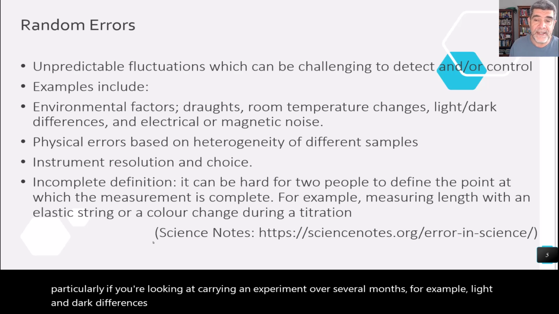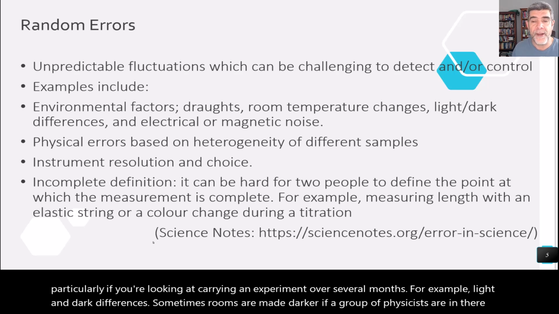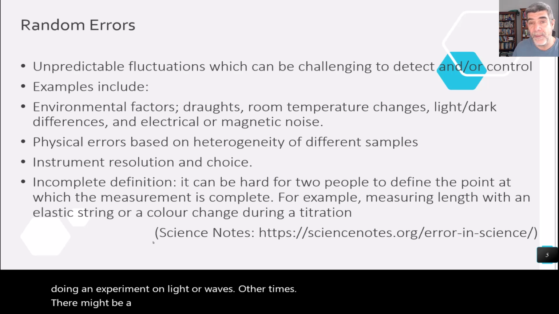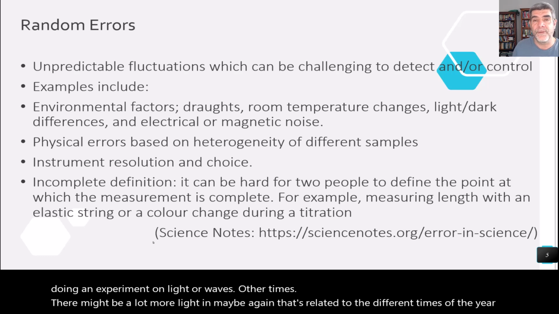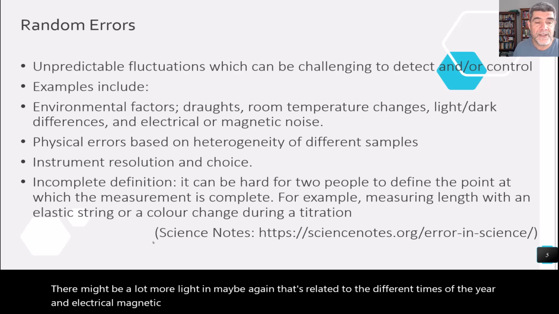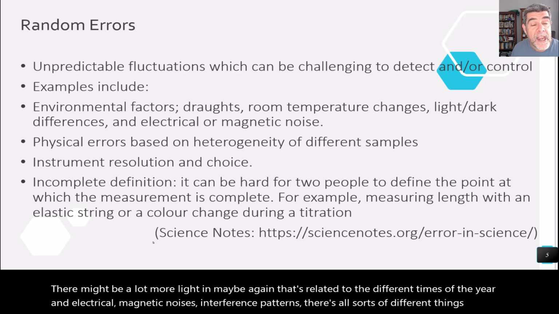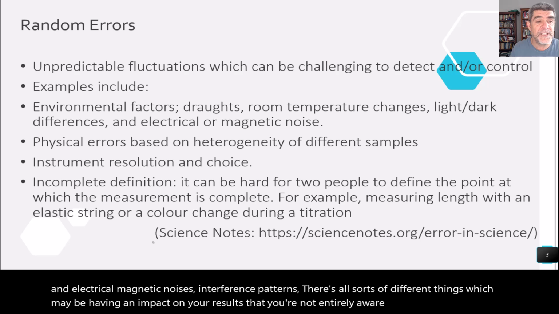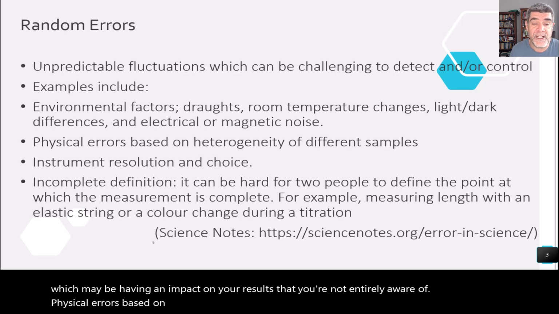Sometimes rooms are made darker if a group of physicists are in there doing an experiment on light or waves. Other times there might be a lot more light in. Maybe again that's related to the different times of the year. And electrical or magnetic noises, interference patterns. There's all sorts of different things which may be having an impact on your results that you're not entirely aware of.